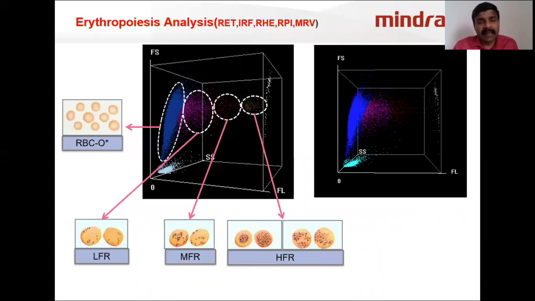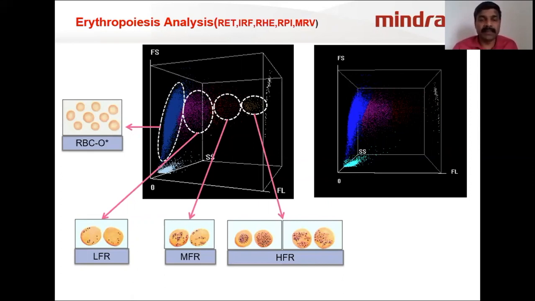The earlier analysis was able to give only the reticulocyte percentage and absolute count. This gave incomplete information regarding the erythropoiesis. But now we give the reticulocyte profile: reticulocyte percentage, absolute count, and the different grading of the retics, that is low fluorescent reticulocytes, medium fluorescent reticulocytes, and high fluorescent reticulocytes based on their maturity, and the immature reticulocyte fraction and the reticulocyte hemoglobin.